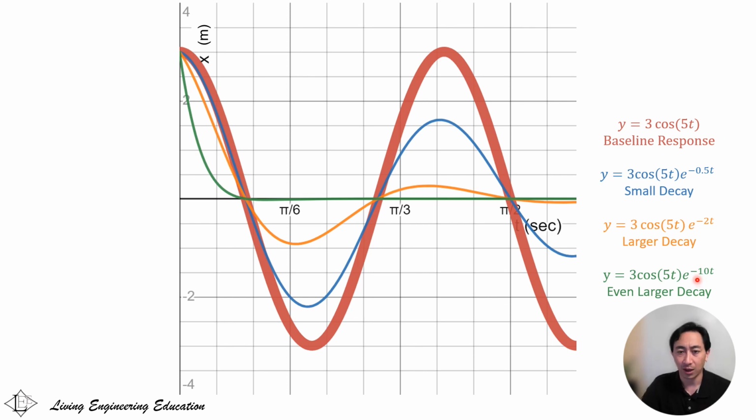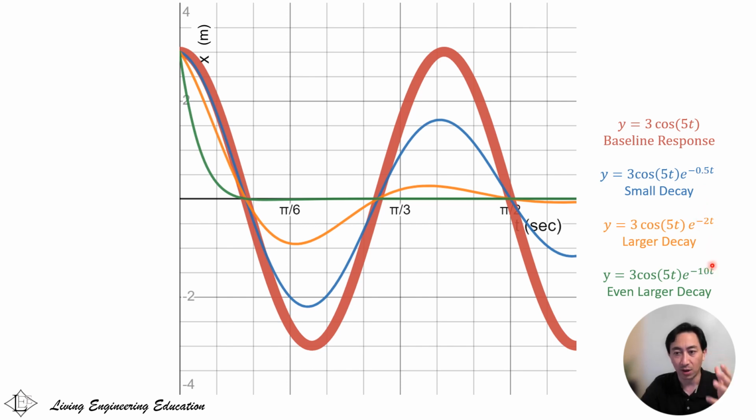For this problem, it's the relative change that I'm trying to demonstrate. In blue, that's the smallest decay. You can think about it this way: if I put a value of 0, this exponential will be equal to 1, which is essentially your red graph here. So we're going from exponential coefficient of 0 here, to -0.5, -2, and -10.